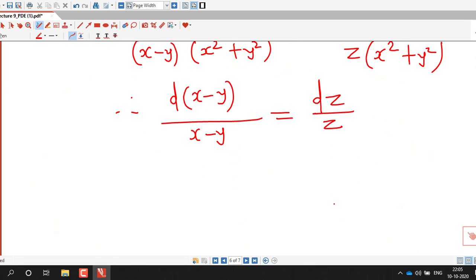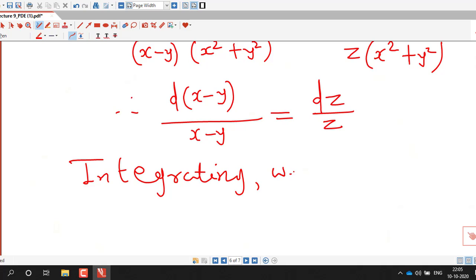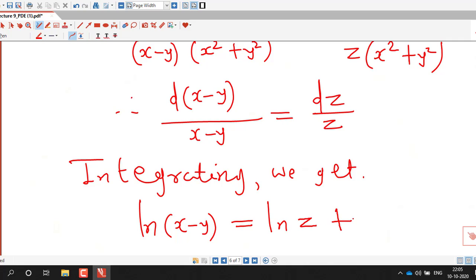So this is separable, and we can easily find its integral by taking integration. Integrating, we get log of x minus y equal to the integral of 1 by z, which is ln z, plus ln c2.